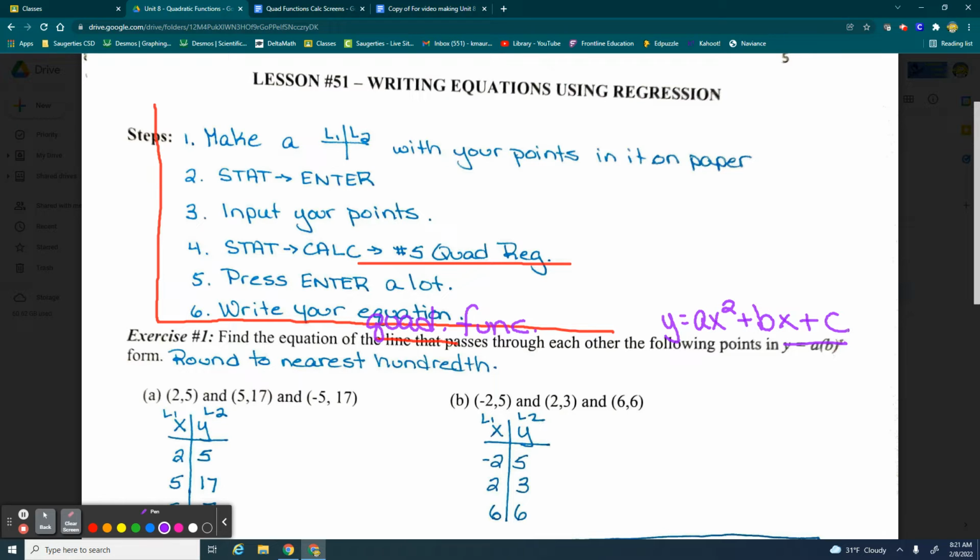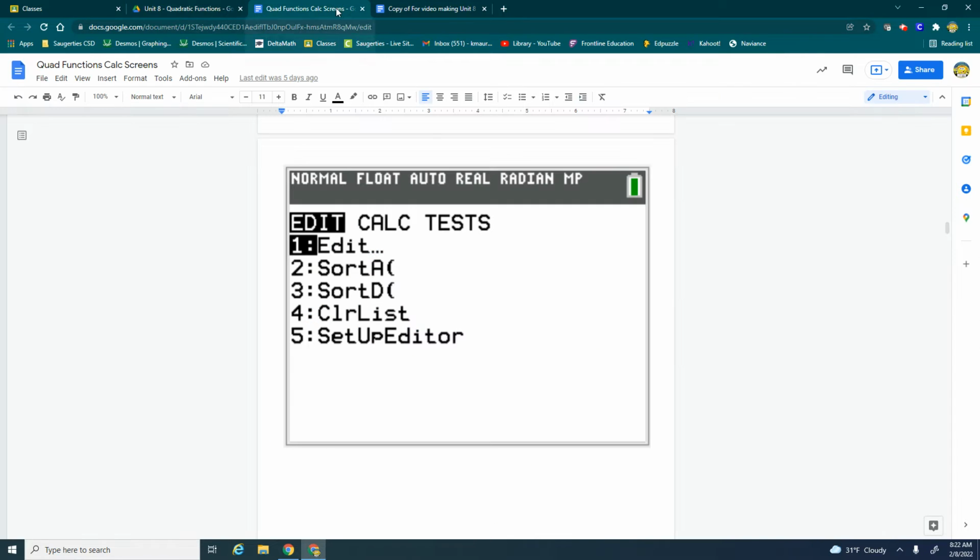So hopefully you can see what I've done right here is I made my L1 and L2 table. So I took each point and moved it down. Now, in the interest of saving some time and not having a graphing calculator, what I've done is made screenshots.